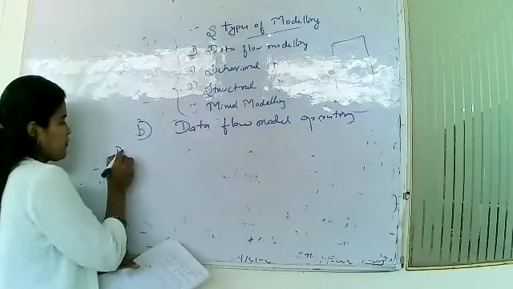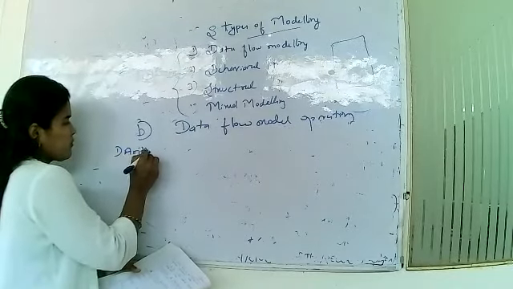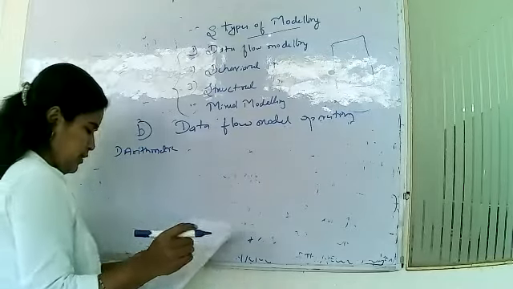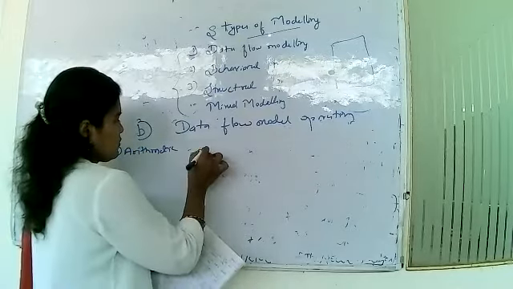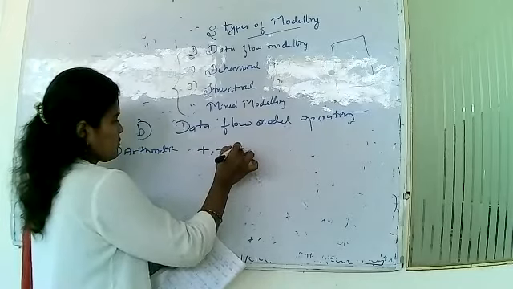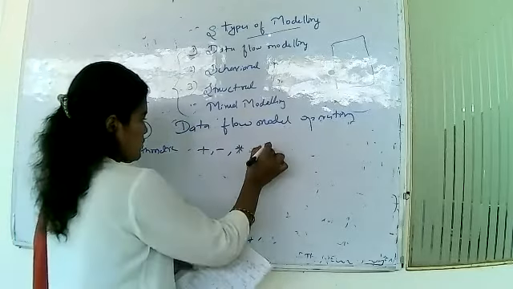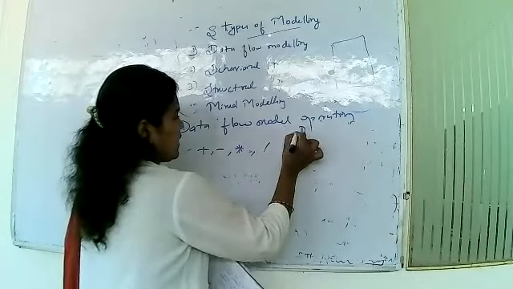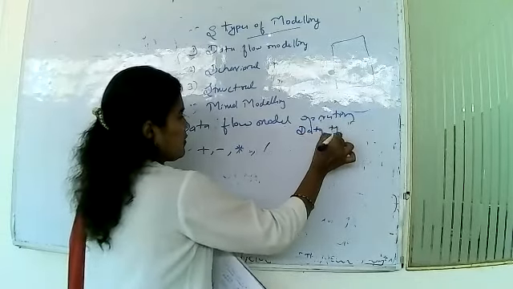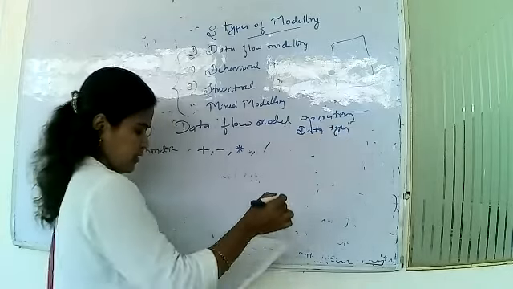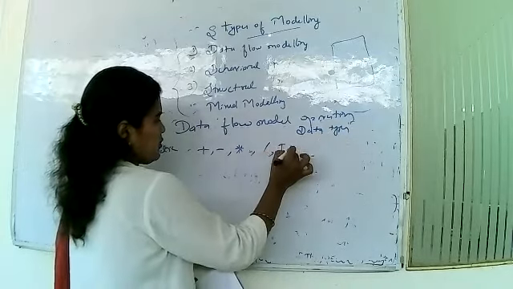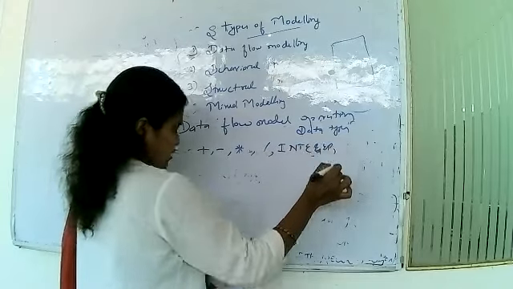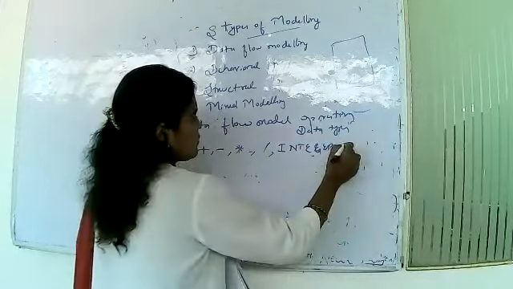First one is arithmetic, and the data types are integer, signed and unsigned.